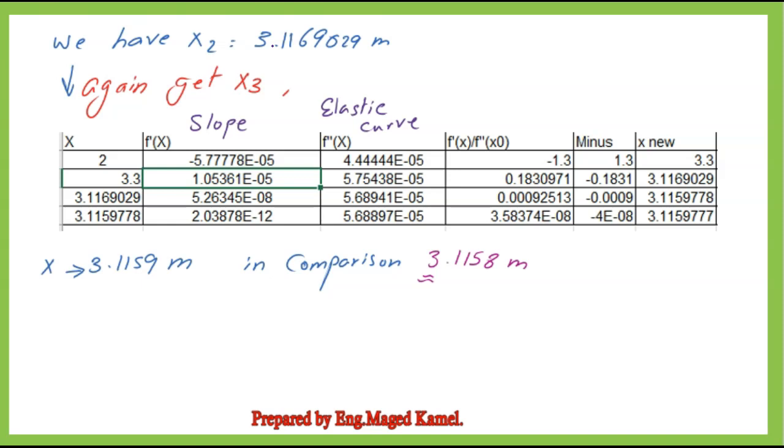It will give us a very small value of -4 multiplied by 10 to the -8. The final value we are talking about for x is 3.115977, which is very close to 3.1158 estimated by the analytic method.